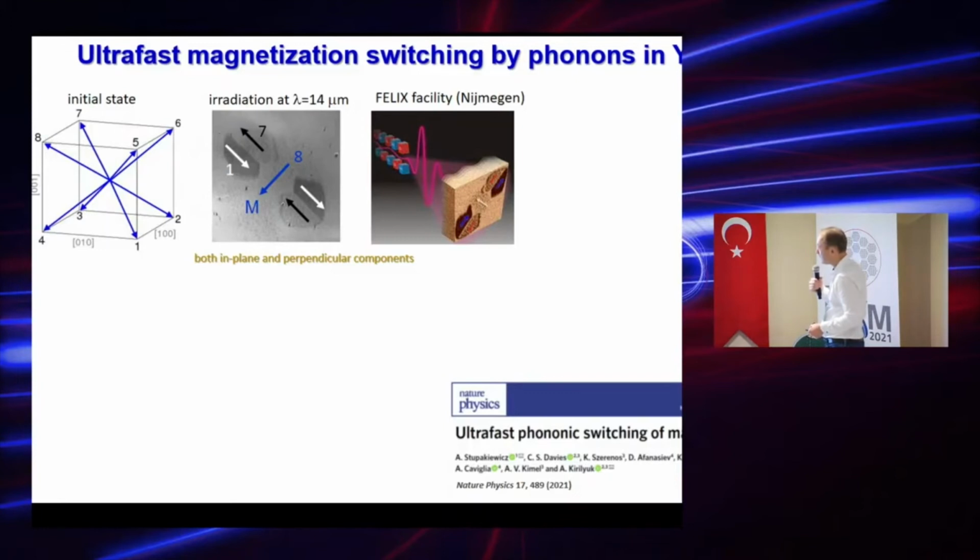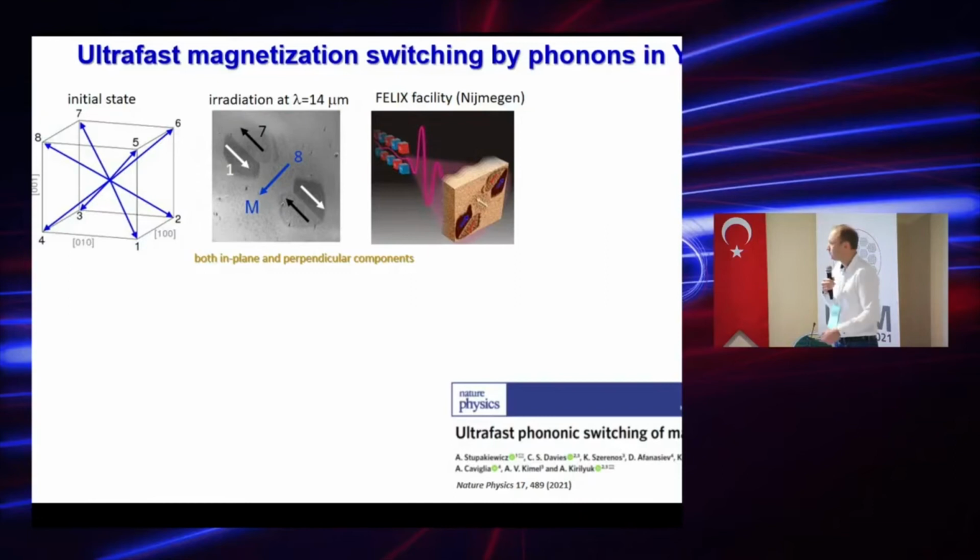It looks like this, confirming the main orientation of the magnetization. We observe the switching between state number 7 and 1 of the magnetization, from the perpendicular direction and in-plane component to the initial state. So in this case, the laser pulse produces strain.